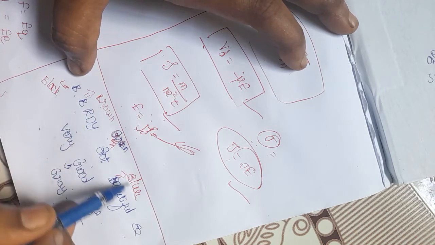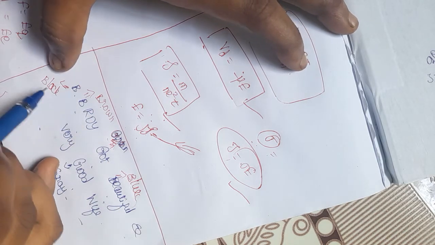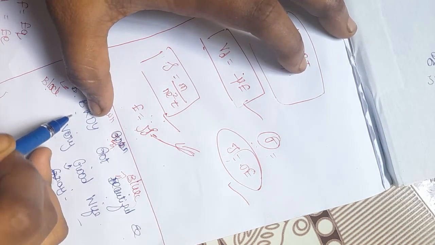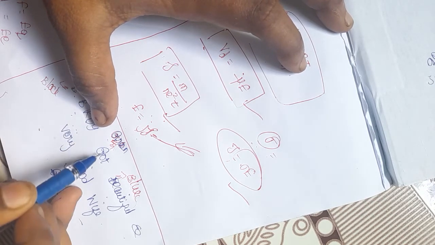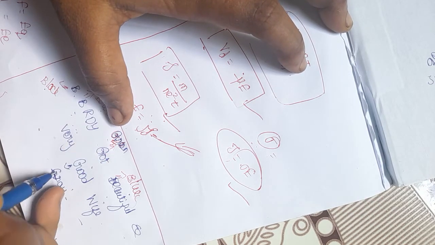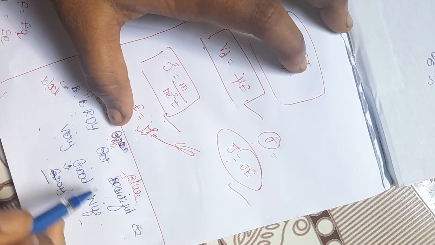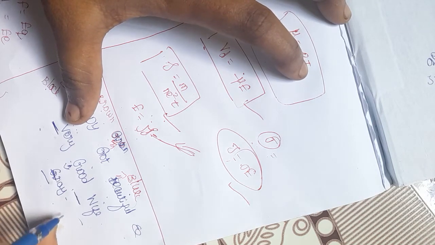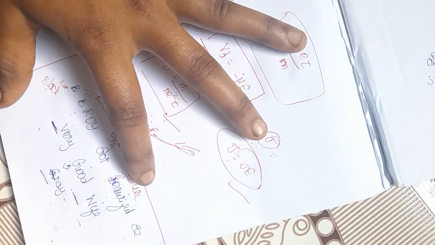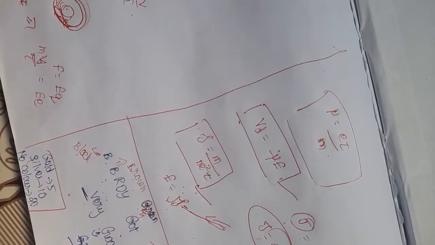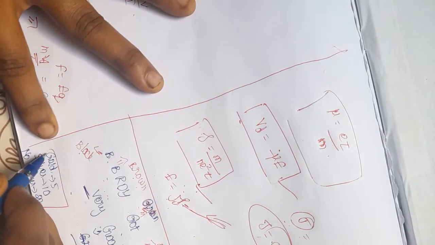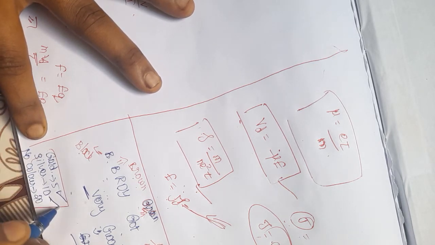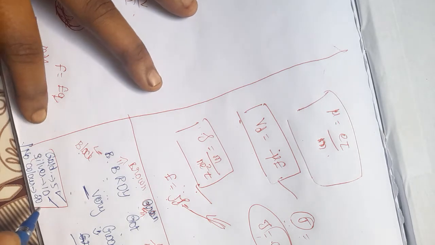These letters are confusing, so note that B is for black and this is for brown, and this is blue, R represents red, this is orange, this is yellow, and this is green, and G is for gray, I told blue already, this is for violet, and this is for white. Of course they will ask you to find out the tolerance also. If you give the color gold, then it indicates the tolerance 5, and if you give the color silver, then it is 10. If they give no color, then it means it is 20.